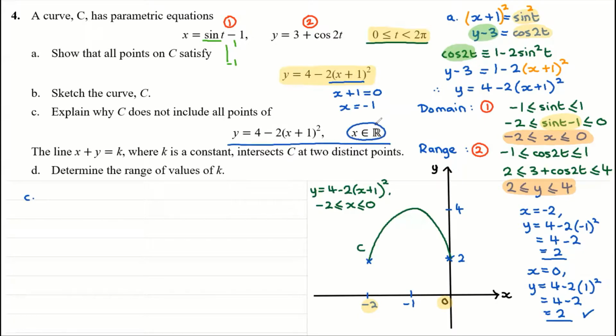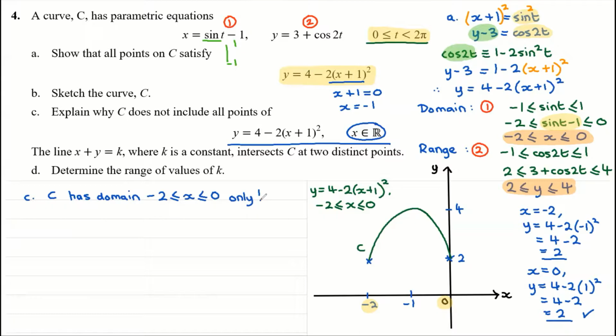Okay, so you can just say that C has the domain, which we've already established, of -2 up to and including 0. Okay, and that's only because not all real numbers.